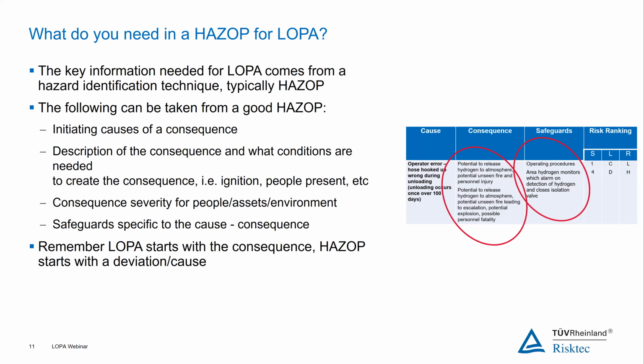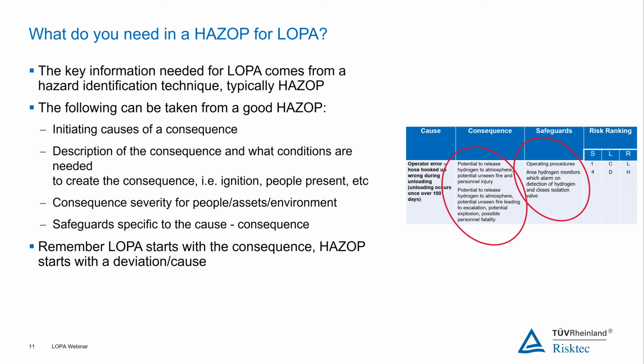And having a good quality HAZOP or a good quality document to feed into the LOPA as the input can provide us with a huge benefit and make our lives a lot easier within LOPA for a minimal increased effort within the HAZOP. So thinking about whether you need LOPA ahead of time and structuring the HAZOP to allow yourself to best do it will save you a lot of time and effort in the long run.